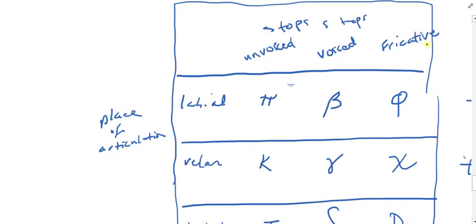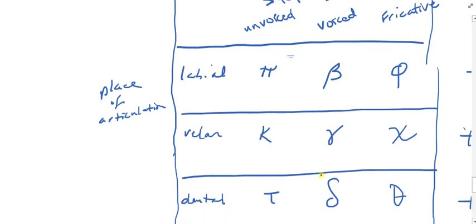Fricatives have to do with not stopping the airflow completely, but rather leaving a little opening or aperture so that the air can escape in a continuous way. Stops, on the other hand, always completely stop the airflow, right? So, p and b are the same stop consonant except for voicing. K and g, the same stop consonant except for voicing. T and d are the same as well. Fricatives are unvoiced.